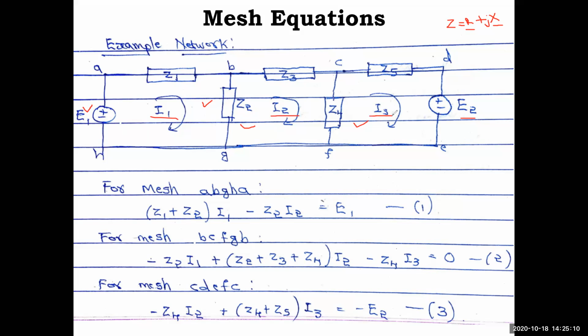You could not calculate these using direct Ohm's law or any other law. KVL we are applying, but KVL is just to write the equation, after that we will apply mesh analysis. So this is the concept of mesh. Now three equations we need to write for that. So how do we write that?